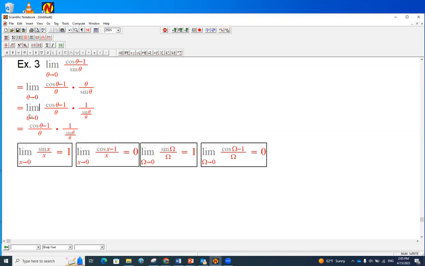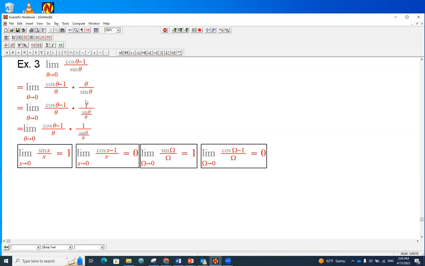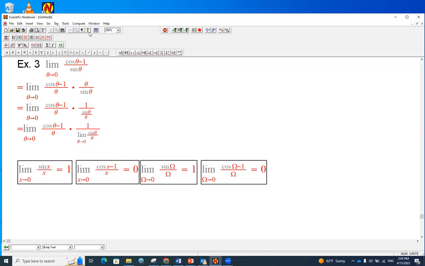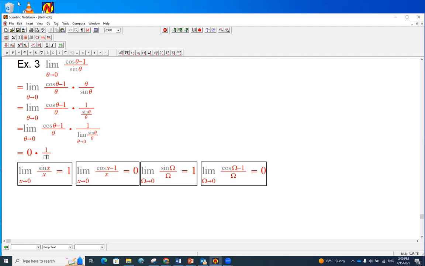So the limits we can take individually on these two pieces. And what are we getting? This piece will give us 0. And 0 times anything is 0, but you have to make sure you don't get a 0 denominator. Okay, so it's 1 over 1. So in the end, the limit is 0.